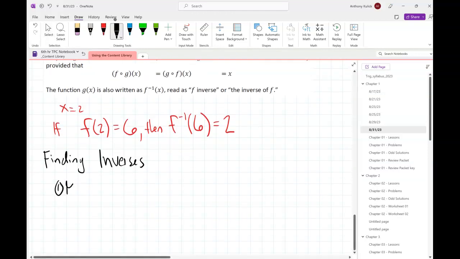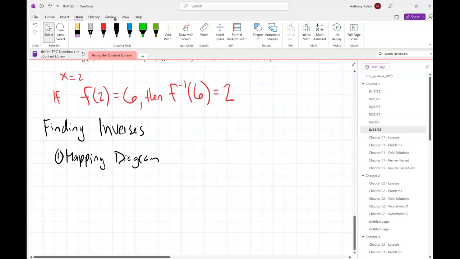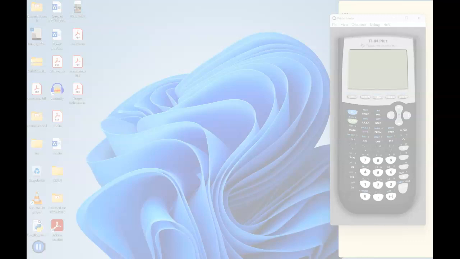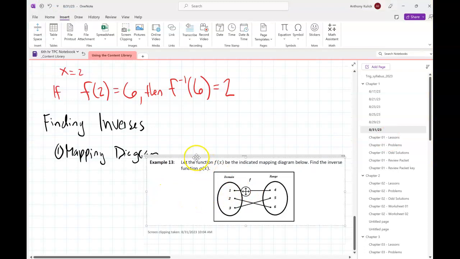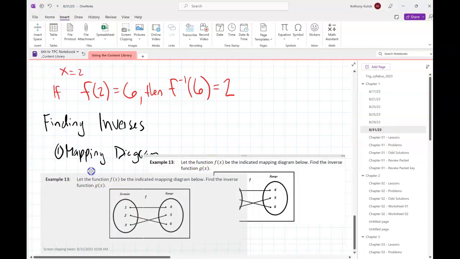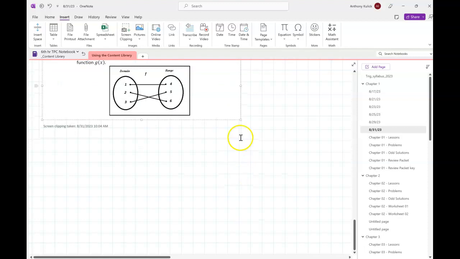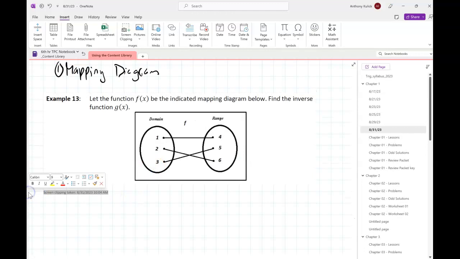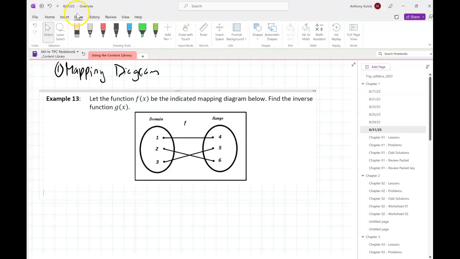And let's start by looking at a mapping diagram. So here's an example of a function with a mapping diagram.